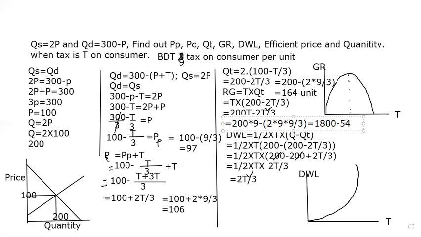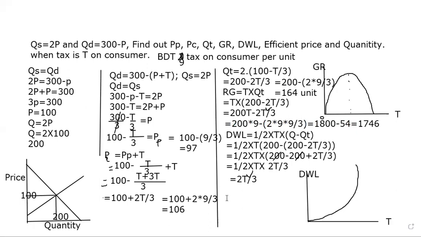So 54. So government revenue right now due to imposition of tax will be 118 minus 25 on 746 is your tax.